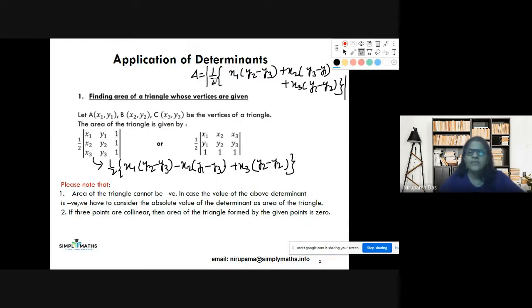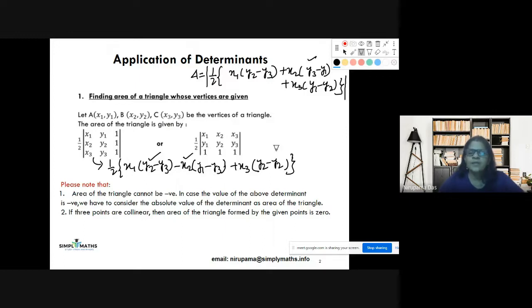Let's match. Half, half. x1 into (y2 minus y3), perfect. Then plus x2 into (y3 minus y1), and here it is minus x2 into (y1 minus y3). These two are the same: here it is plus (y3 minus y1), here it is minus (y1 minus y3).